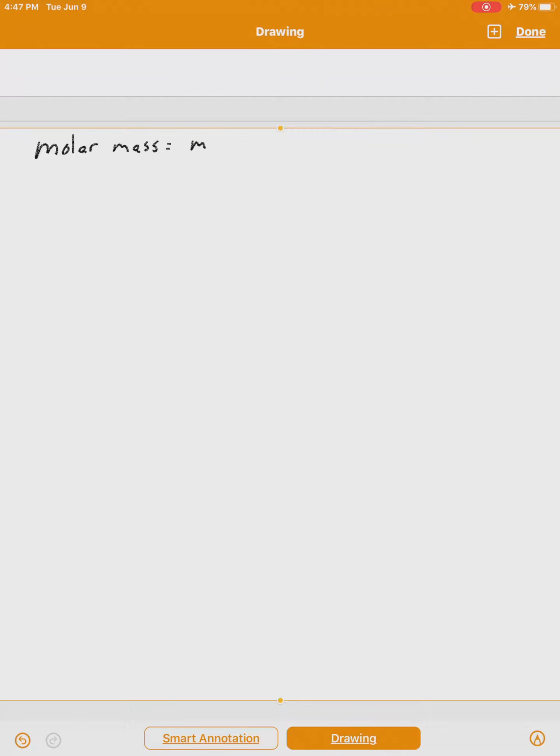So this is the mass of a substance when we have 1 mole of that substance. Okay, that's what that means. That's the molar mass. It's the mass of a substance if you have a mole of it.